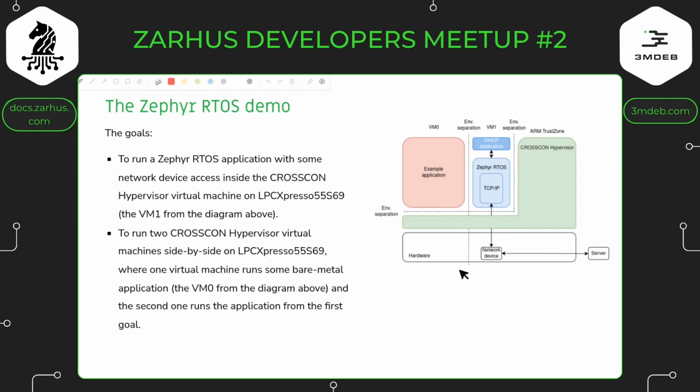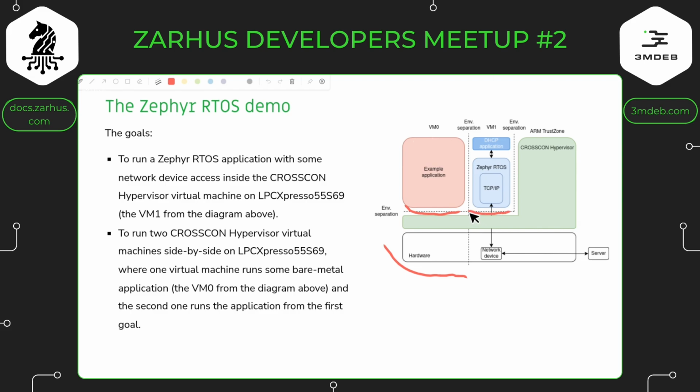The goal of this demo is to demonstrate a minimal environment with two virtual machines. One virtual machine is running a simple application like Hello World, just to make sure it is present and we can test the configuration with two virtual machines.